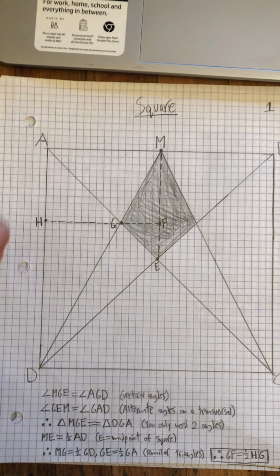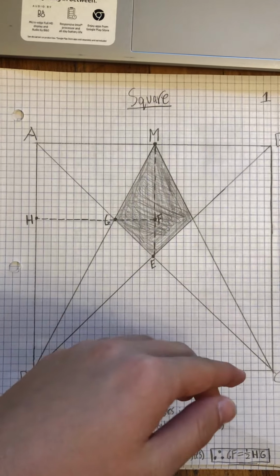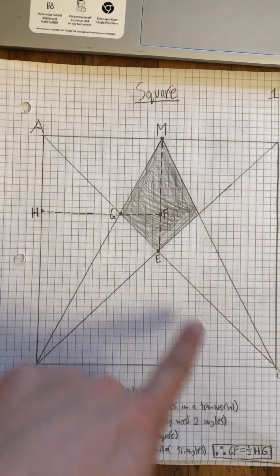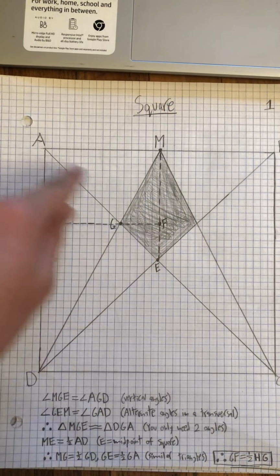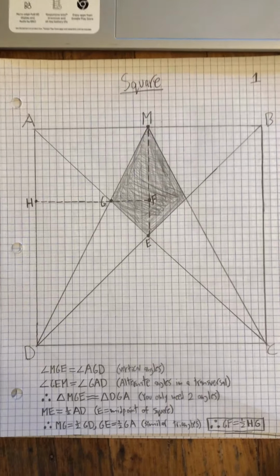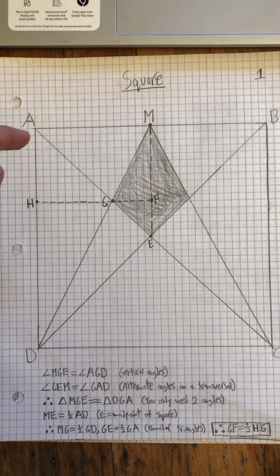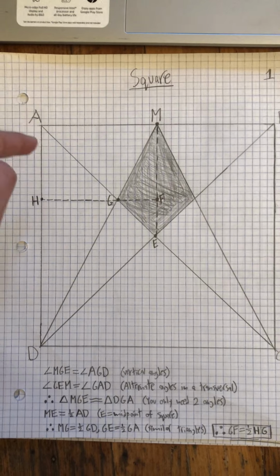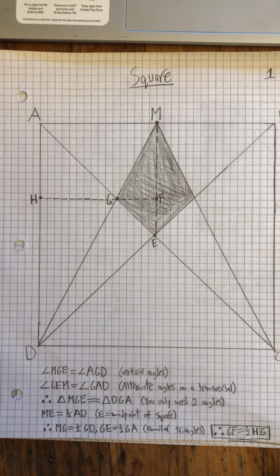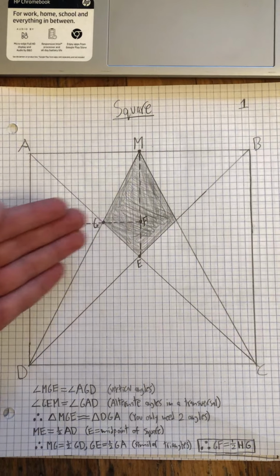Every time you have two parallel lines, like AD and ME, and a line going through them, the two alternate angles on opposite sides of the line are the same. Therefore, triangle MGE is similar to triangle AGD, because once you have two angles, the third one must be the same, and that's why you have two similar triangles.